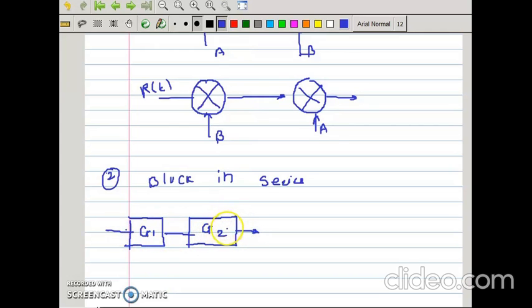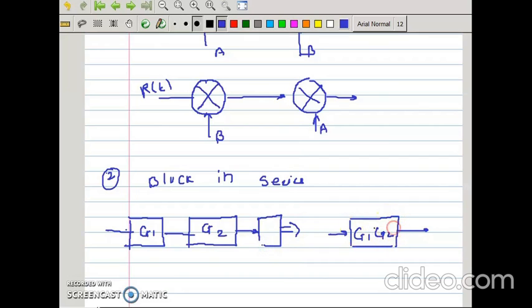If two or more than two blocks are in series, we can combine all series blocks into a single block by taking multiplication, that is G1 into G2. If maybe there are three blocks, and a third block is here, that means we can add here G3, right, like that.